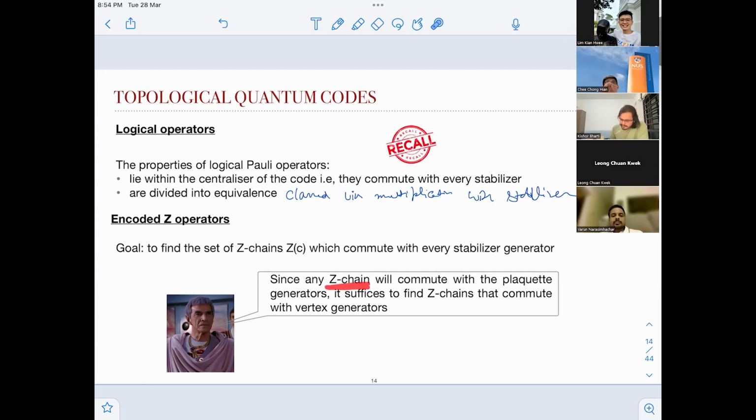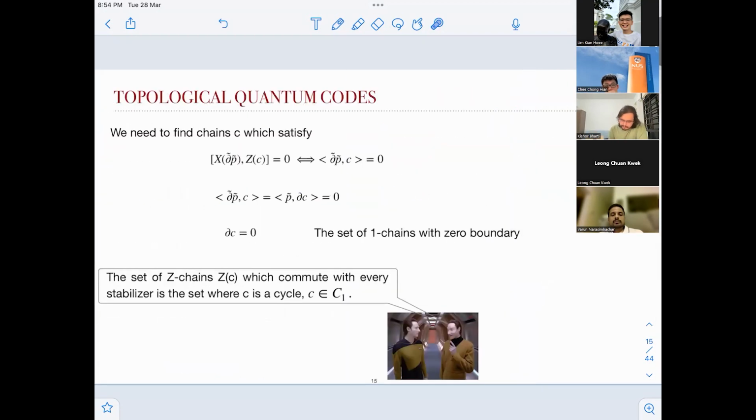Since any Z chain will commute with the plaquette generator, it suffices to find Z chains that commute with the vertex generators and also cannot be generated by plaquette generators or vertex generators. So we need to find chains C which commute with the vertex generators.